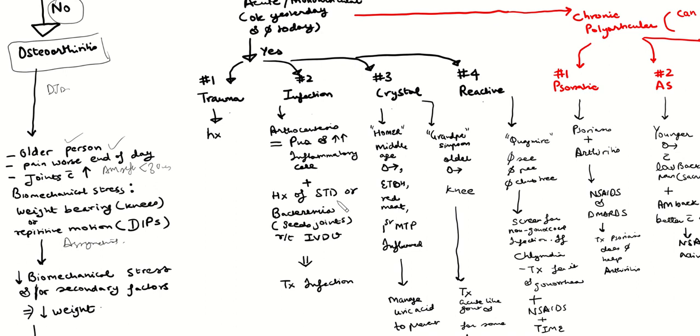Infection, we have history of STDs, or there's something that's seeding the blood with the bug, and that's actually seeding the joint, such as IV drug use. Crystal disease, again, we are still on monoarticular, would be a middle-aged male, Homer Simpson, who drinks Duff beer, alcohol, eats red meat, and the first metatarsal joint is inflamed.